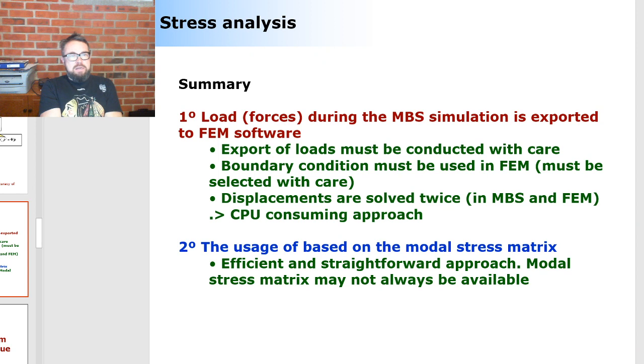It's mentioned that this is a CPU consuming approach, and that's what it is, but still doable. Or we can alternatively use this modal stress matrix, and this is very efficient. The only problem is that this involves two different software. And sometimes, even though this is theoretically very straightforward, we don't have access to that information. That really depends on which two software you want to put together.